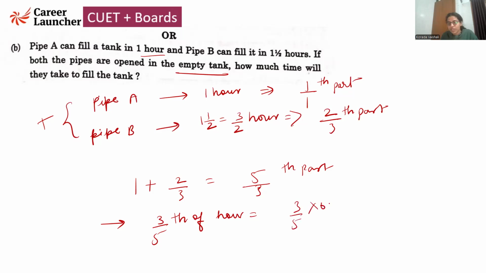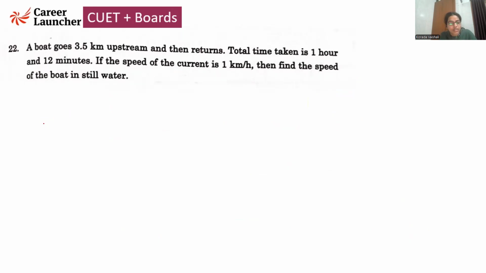So this is a fraction, but let us just convert this into minutes. So I can multiply with 60. So what I'm getting, 3 multiplied by 12 is equivalent to 36 minutes. So 36 minutes is taken by pipe A and B if they're working together. So this is something I've just written down as a rough calculation. So 36 is the answer.